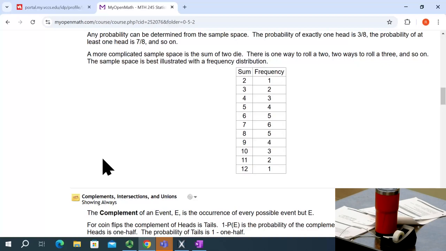And this is the sum of 2 dice. All right. You ever play craps? No. Of course you didn't. You roll 2 dice. The shooter, the one with the dice, rolls the dice and gets a point. Whatever they get the first time is their point.